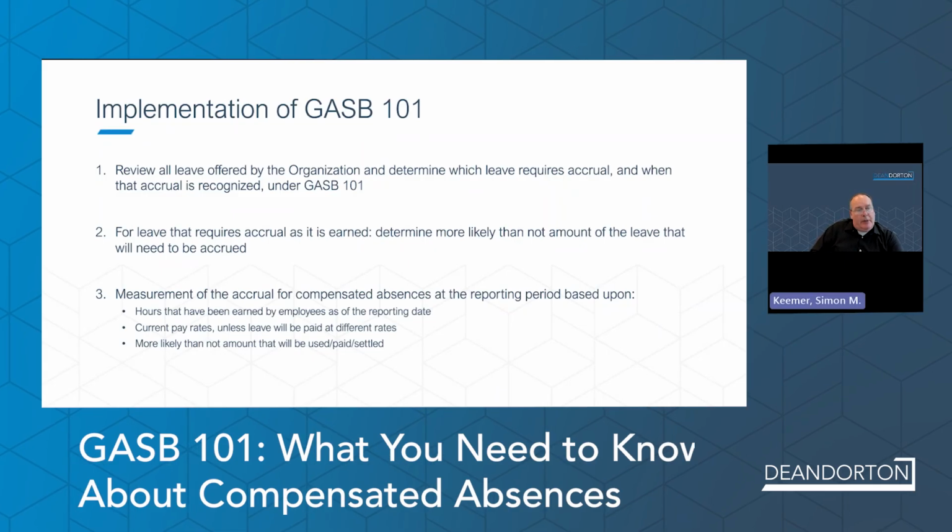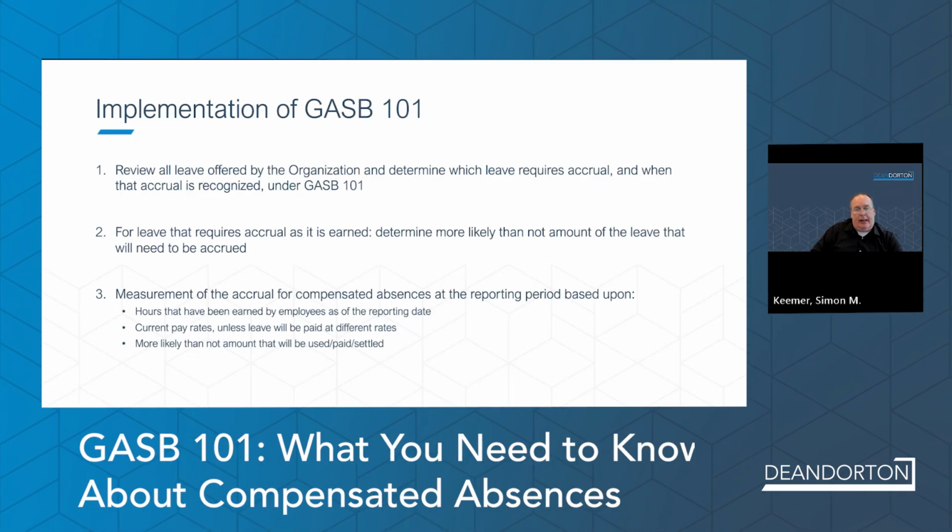So implementation of GASB 101 really has three main steps to it in the first year. Once you've gone through the first year, then obviously you can just roll forward what you've been doing. First off is to look at the policies that the organization has, what leave is offered under those policies, and try to determine which leave requires accrual and when that accrual is recognized.